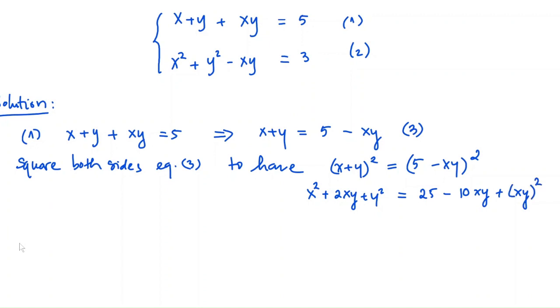I want to move this 2xy to the right side, and on the left side it's just x squared plus y squared. So I would have x squared plus y squared equal to 25. The positive 2xy moved to the right side becomes negative 2xy, combined with this one, I would have minus 12xy and plus xy squared.